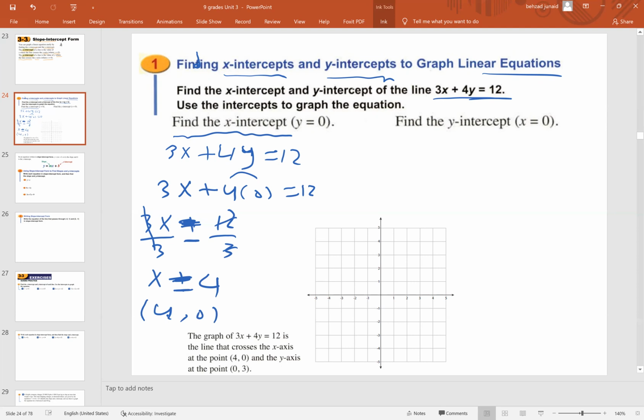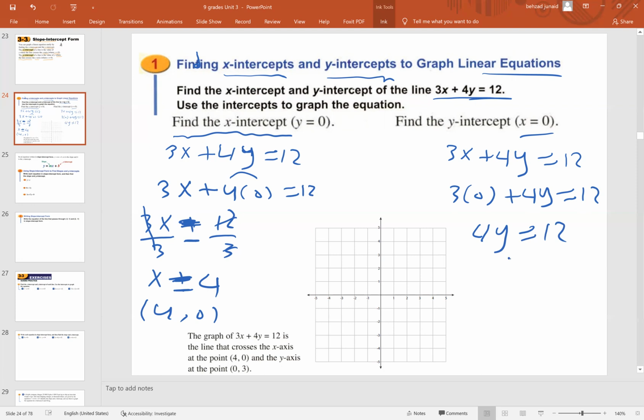Let's find the y-intercept. X equals 0. And you find the y-intercept. 3x plus 4y equals 12. Instead of x, we're going to write down 0 plus 4y equals 12. 3 times 0 equals 0. 0 plus 4y equals 4y equals 12.